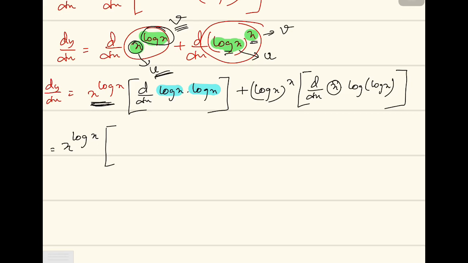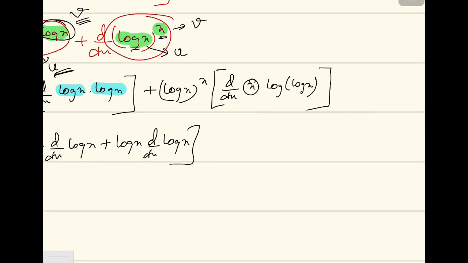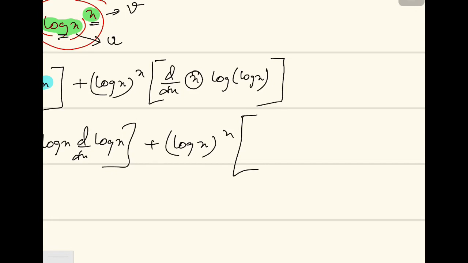Let me do it through the product rule only. So it will be log x into d/dx of log x again, plus again log x into d/dx of log x, because both functions are log x, correct? So first into d/dx of second plus second into d/dx of first is the same thing here. Log x to the power x, and how do you do this? Here this is the first function and everything is the second one.